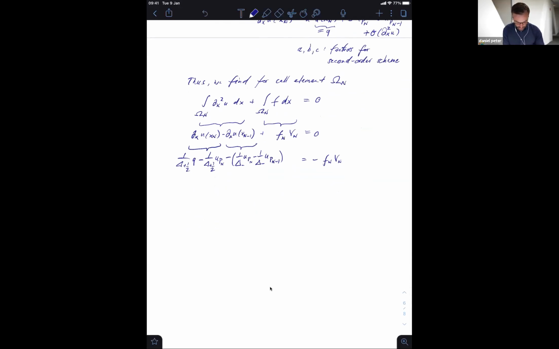Then we would have, for, let's say, upn minus 1, a term plus 1 over delta minus upn minus 1, minus the 1 over delta plus 1/2, plus 1 over delta minus up, equal to the force term, and then have this boundary term brought over to the right hand side.